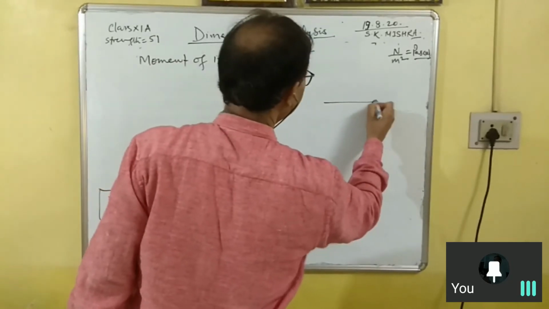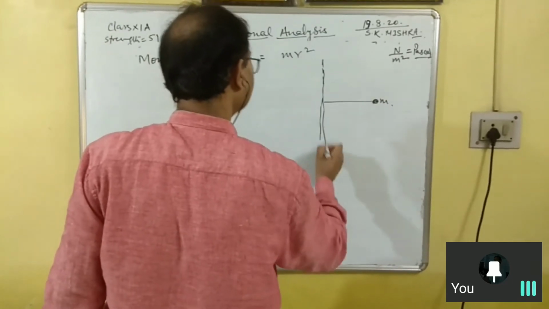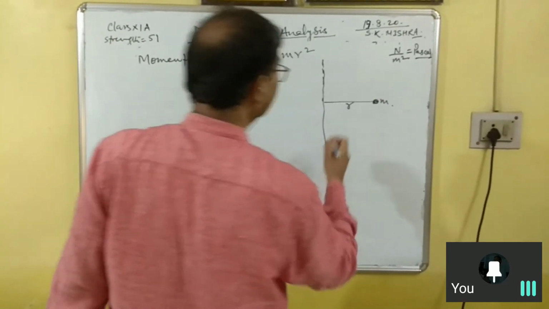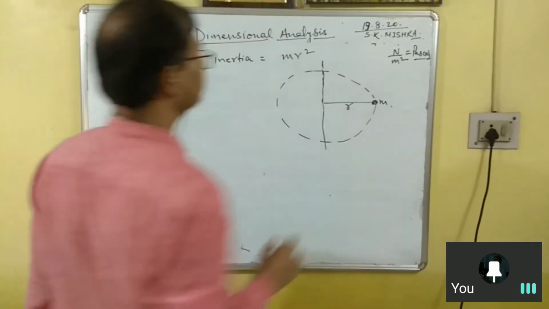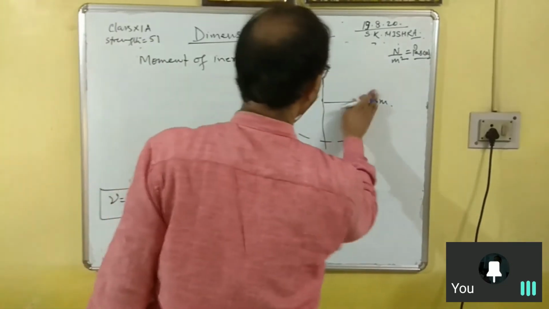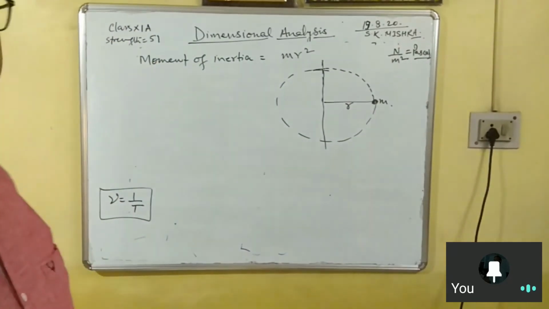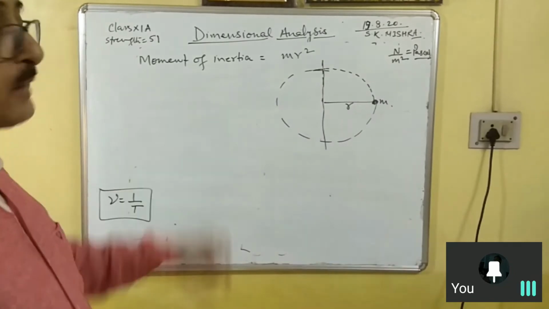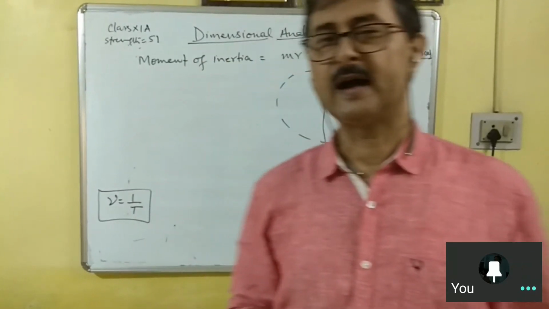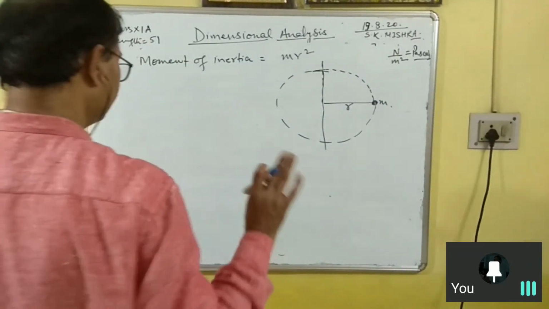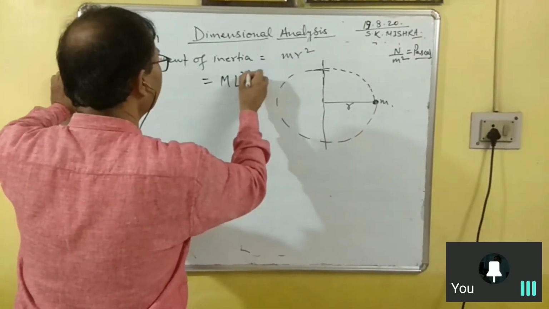If you have a mass m rotating about an axis at perpendicular distance r, then its moment of inertia is m r squared. I will tell you where this formula comes from in the chapter Rotational Dynamics, I think in the 5th unit. So just remember m r squared. Here r, any distance, is L, so M L^2 is the moment of inertia.